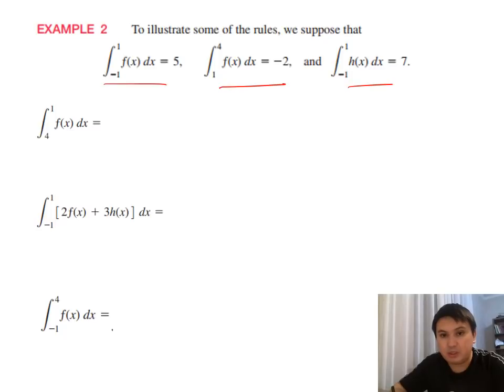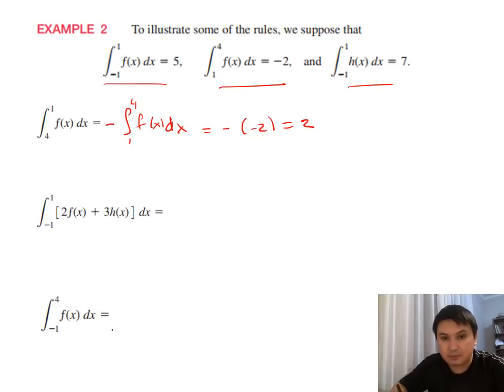Well, I know the 1 to 4. If you swap the limits of the integral, then the sign will change. So this is minus the integral from 1 to 4 of f of x dx. And I know that the integral of f of x from 1 to 4 is -2. So this is negative times -2, so this is 2.